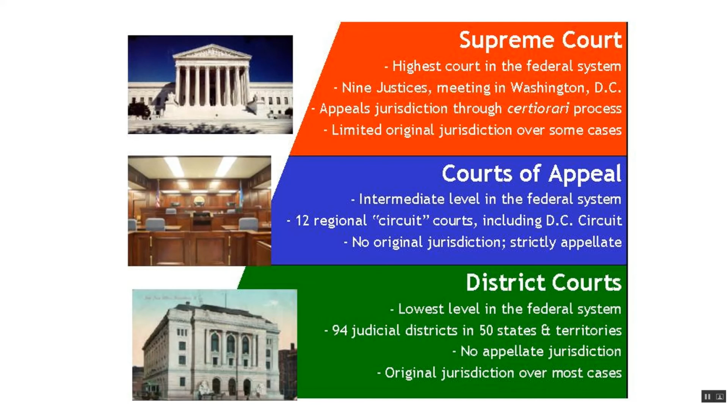So jurisdiction stripping is when Congress uses its constitutional authority to limit the Supreme Court in the types of cases that it is allowed to hear. And if the Supreme Court does not have the jurisdiction to accept a case, it cannot issue a ruling in that case. And if it cannot issue a ruling in a case, say challenging a law created by Congress, then it can't rule that law created by Congress as unconstitutional.